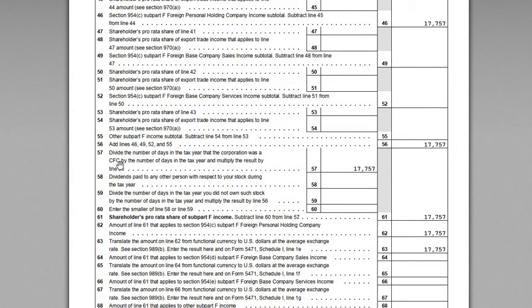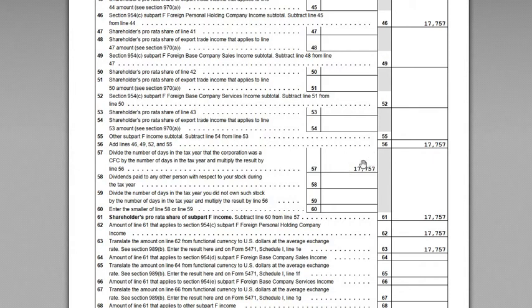Okay, now once all these numbers are completed and footed, we get down to the tax year limitation, right? So here they're asking to divide the number of days in the tax year that the corporation was a CFC by the number of days in the tax year as a whole, and then multiply the result by line 56. So what they're saying is that if you had a foreign corporation which at any point during its tax year, so let's say the calendar year is our tax year here, which it is, was not a CFC, then you have to pull out the income allocated to those days.